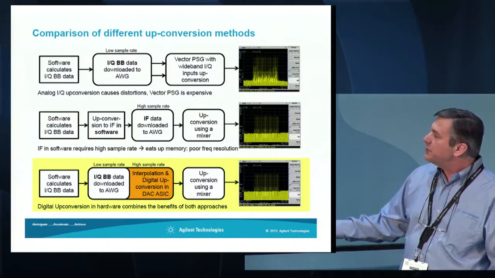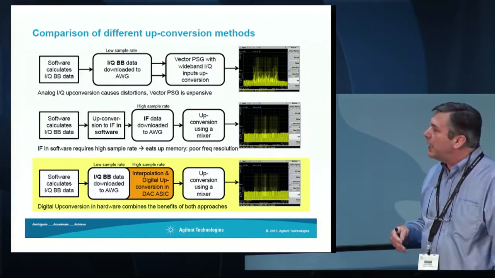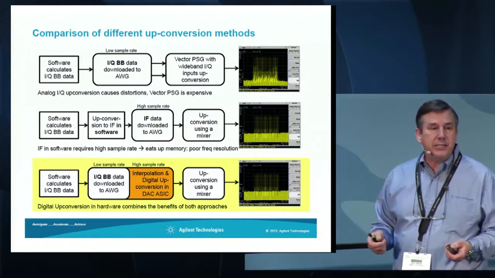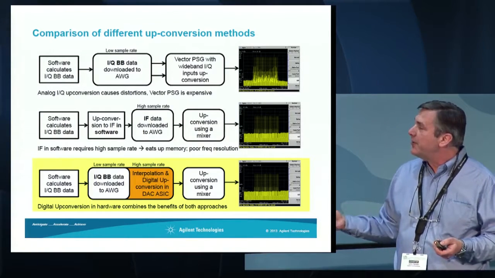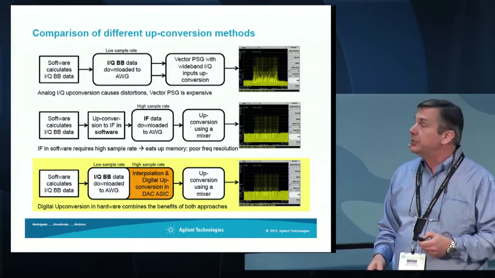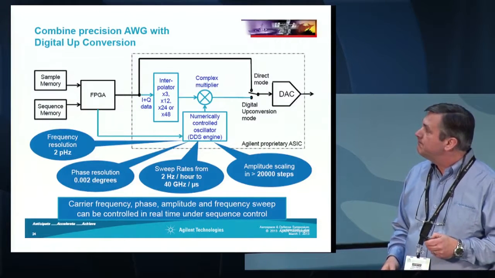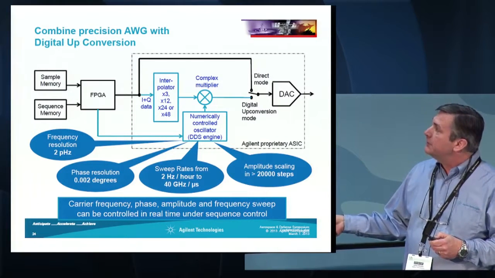And we can do this, of course, with the Agilent M8190 arbitrary waveform generator. We have the ability to do that IQ modulation directly within the FPGA, right here.